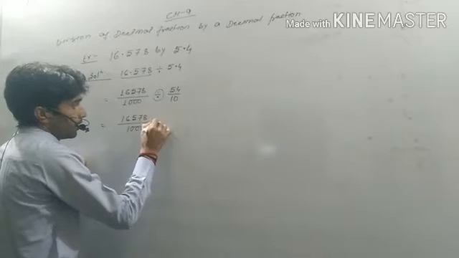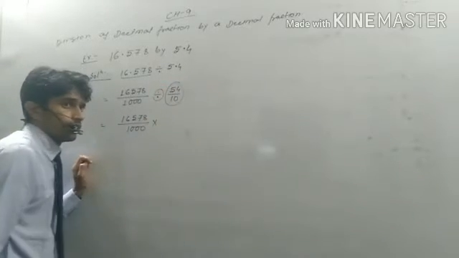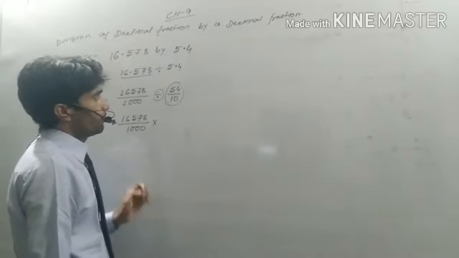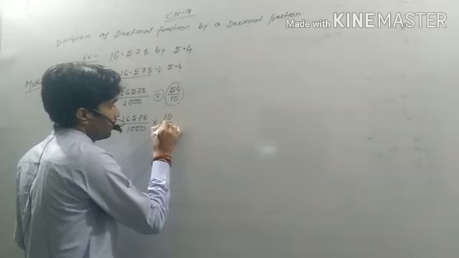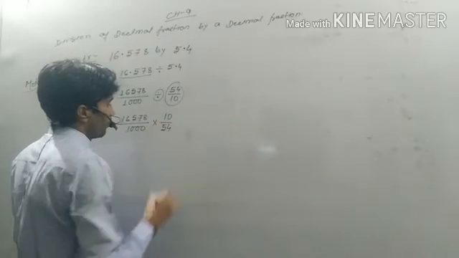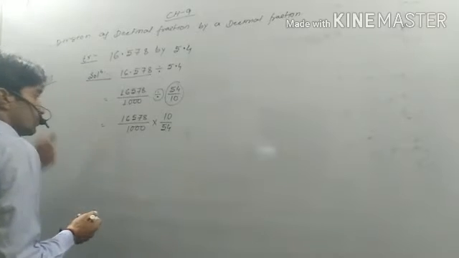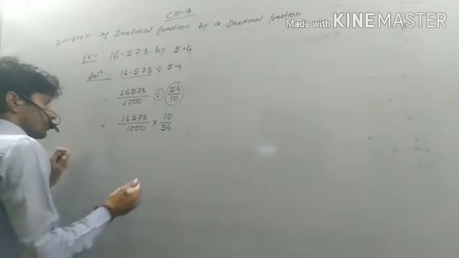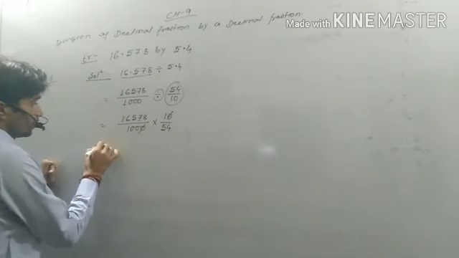So here is multiply and this part is reciprocal. So reciprocal of 54 by 10 is 10 by 54. So now cancel out.